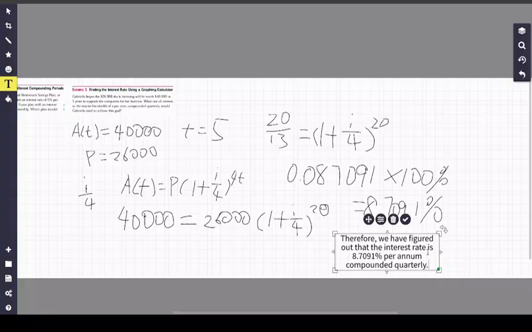You have to say per annum, because if you don't, it could be per month, per quarter, per semi-annual, whatever. You have to state that our value here, 8.7091, is per annum. This is necessary. Anyways, that is it for our compound interest.